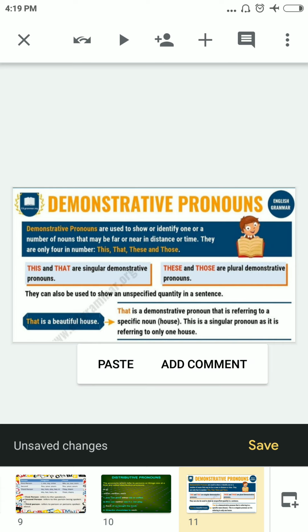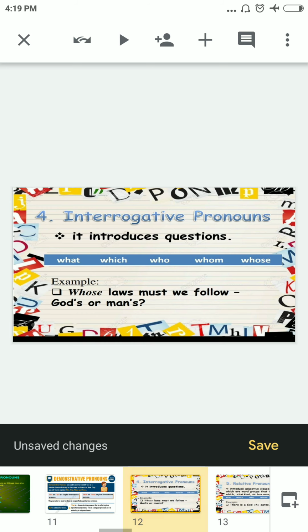But if I tell you that this is a beautiful house, then that house is nearer to me, and you are able to get the proper information about it. So these are the uses of demonstrative pronouns.